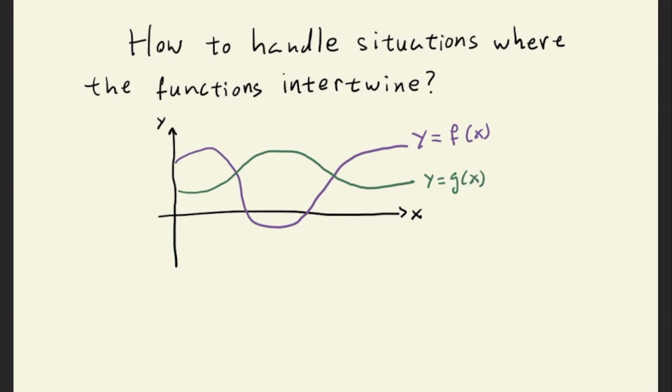And then we want to find the area between x equals a and b. So let me draw, say that this is b, say that this is a, right? And we want to find the area from x equals a to x equals b between these two curves, right? So we want to find out how to compute this area.